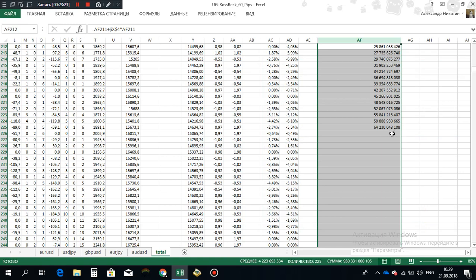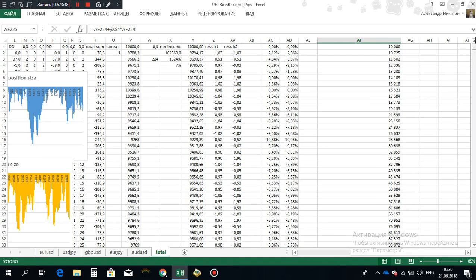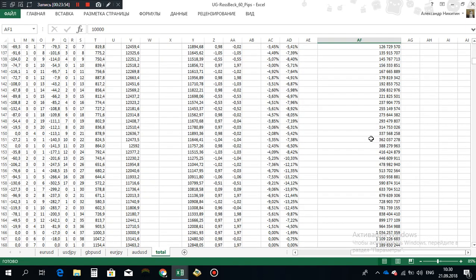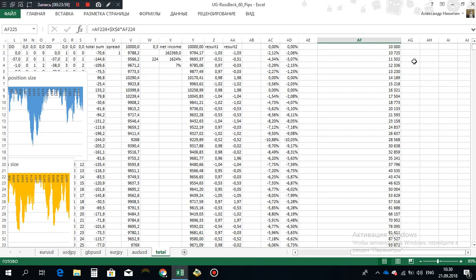So we have 3, it is 1,000, it is a million, it is a billion, it is a trillion. 64 billion, 230 million, 48 thousand, and 108. Starting from 10k, over the period of 20 years, you become the richest man on earth. $64 billion. It is unbelievable.